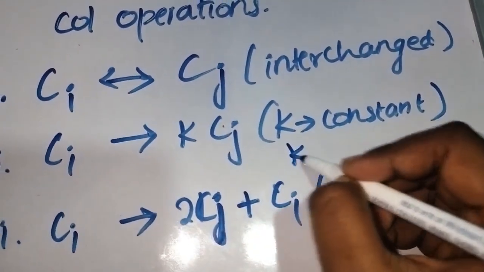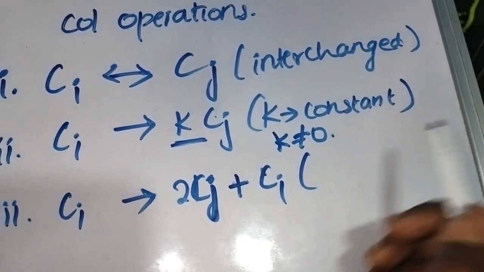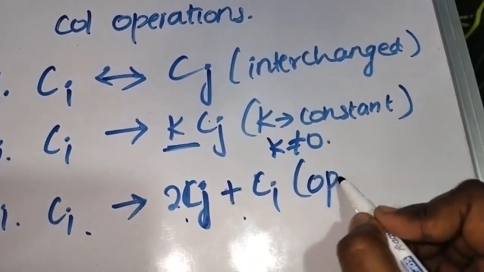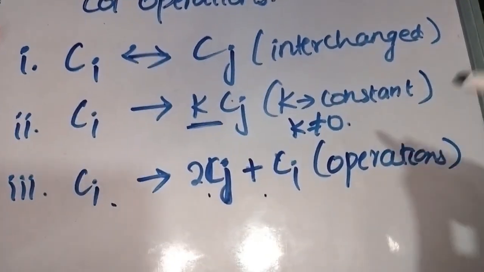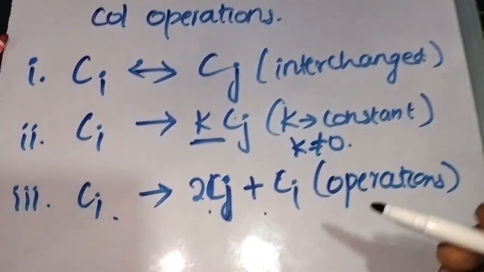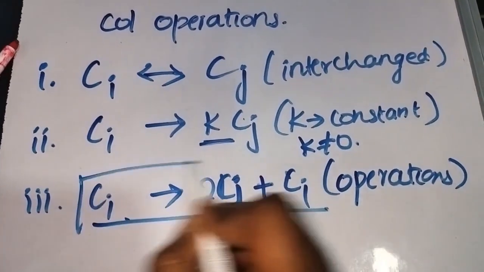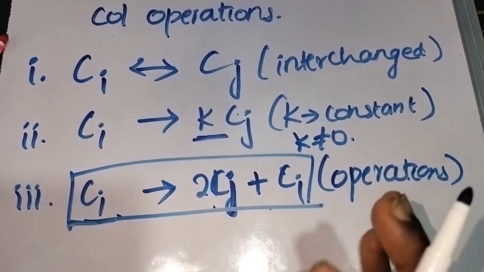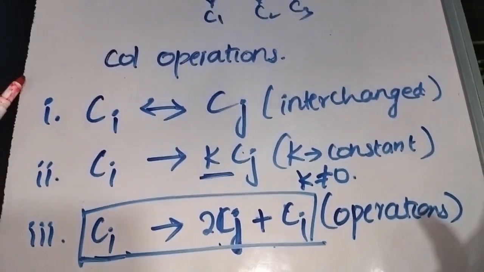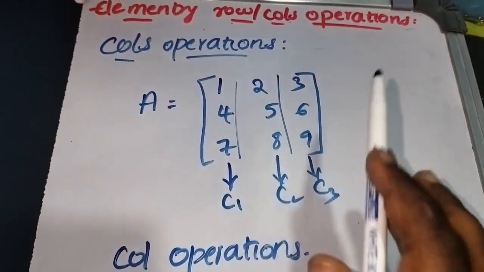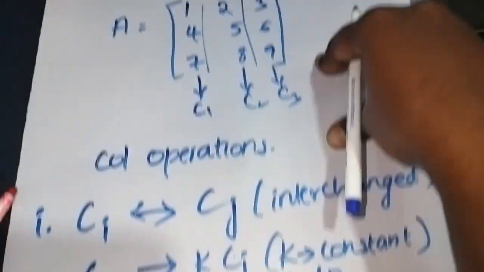These operations can be made according to our wish, according to the form we want to convert to, according to our flexibility in the problem. This third case can be used according to the comfort of the person solving the problem. This is a main and very easy part of matrix operations.